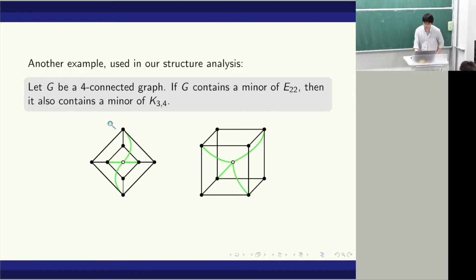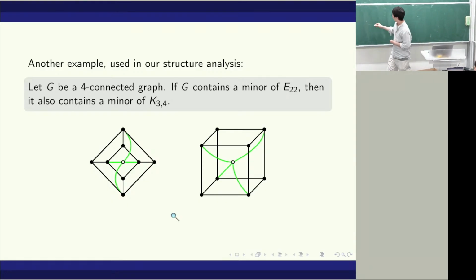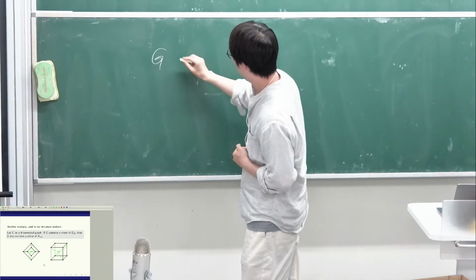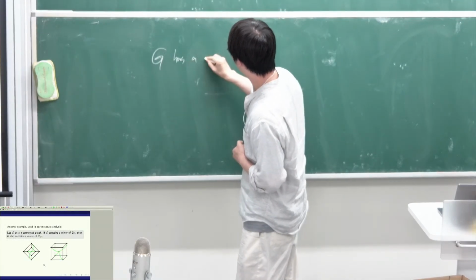But our graph is not cubic, but it has some cubic vertices and some quartic vertices. So actually these degree 4 vertices will correspond to a single vertex or a path.